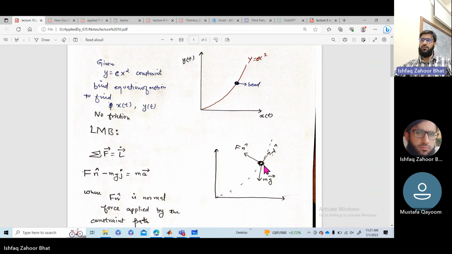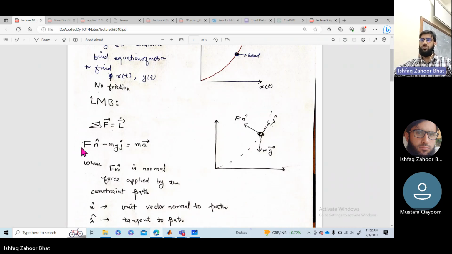Let me explain this. There will be a normal force, and I have represented its magnitude as F. n cap is the unit vector normal to the path at this position, and this lambda cap is the tangential unit vector parallel to this path at this point.